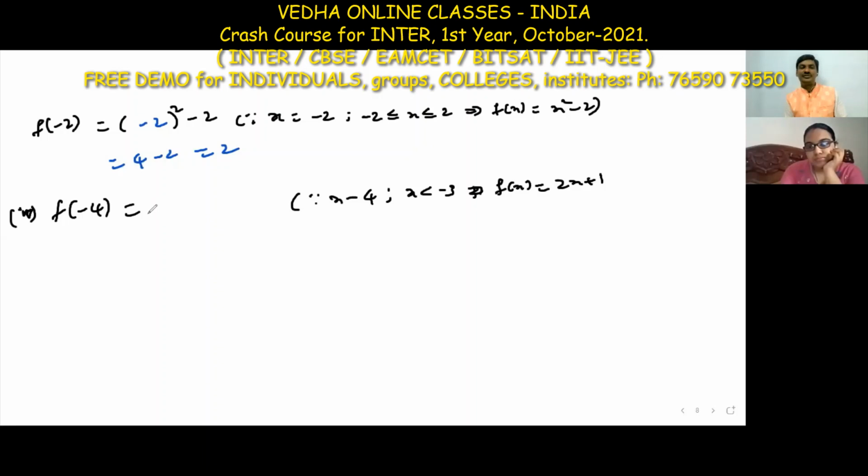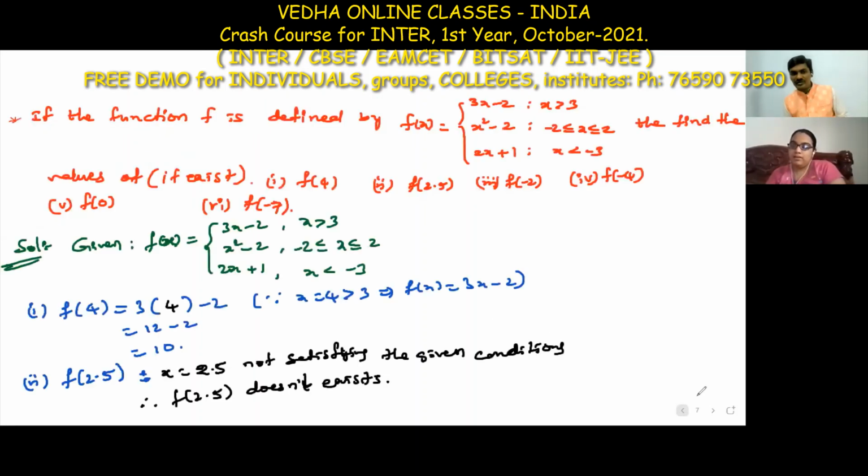Substituting, just replace x with -4. 2 fours are 8, so we get -8 plus 1, which is -7. So the third and fourth are also completed.